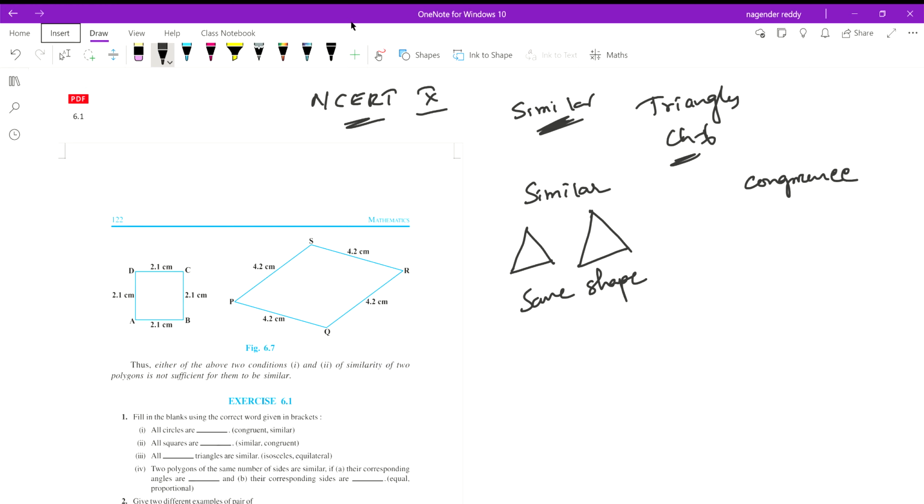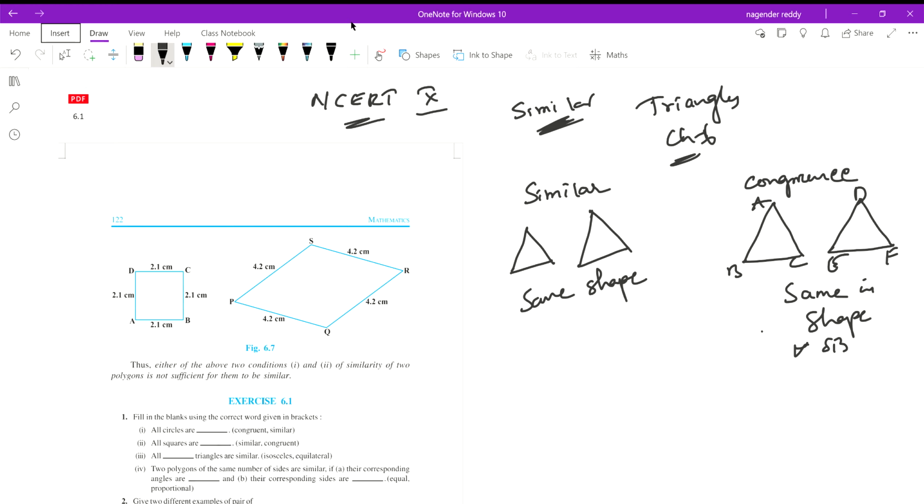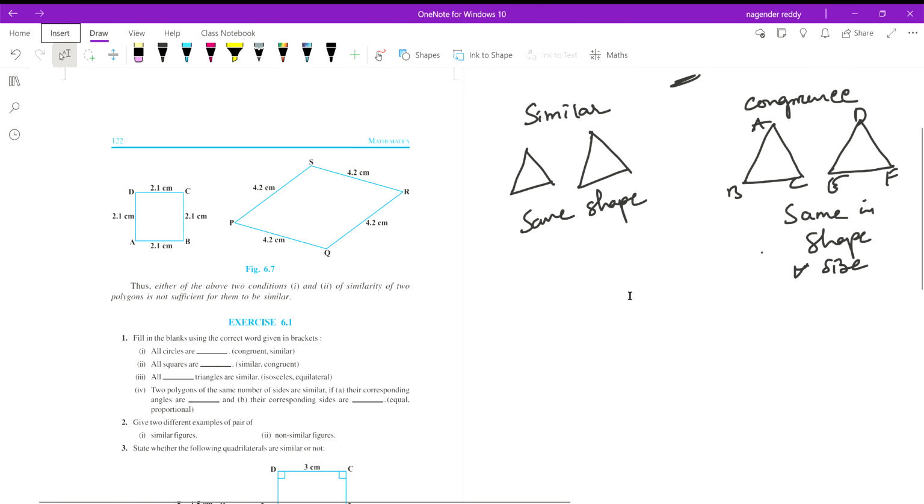Congruence means two triangles are the same in shape and size. Here in this chapter we are going to discuss only the concept of similar triangles.